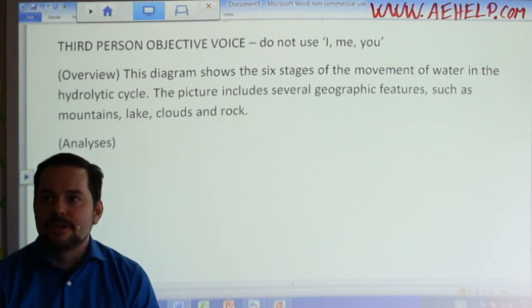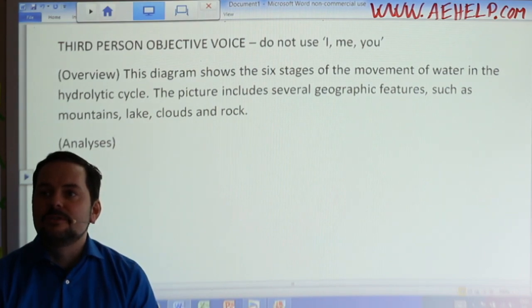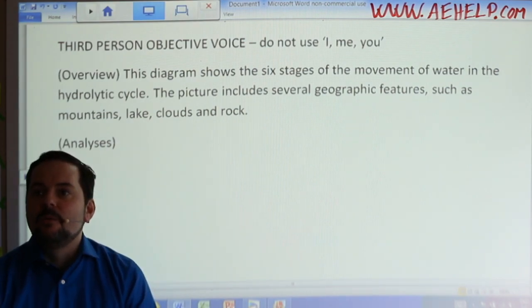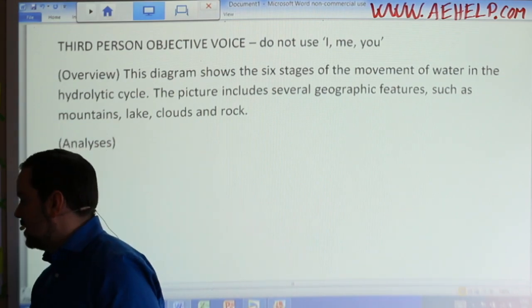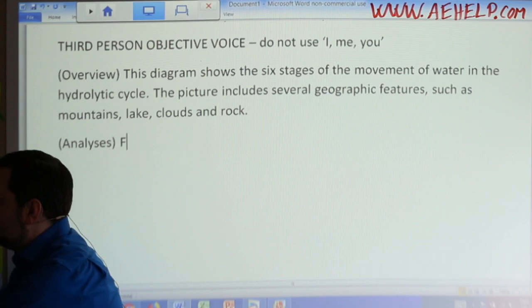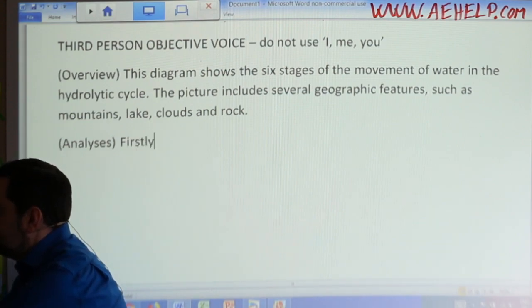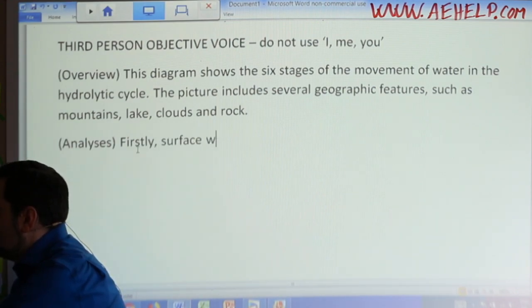Kuldeep, that's a great way to start. Firstly, surface water is evaporated with the heat of the sun. Yeah, Mehmet, that's a great way to start. So, firstly, surface water is evaporated by the heat of the sun.